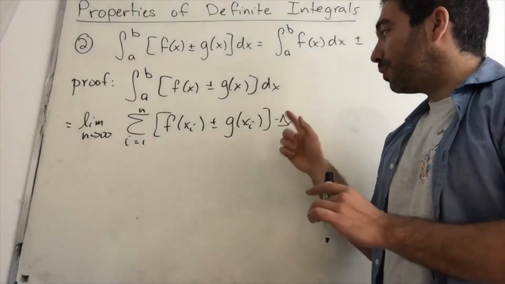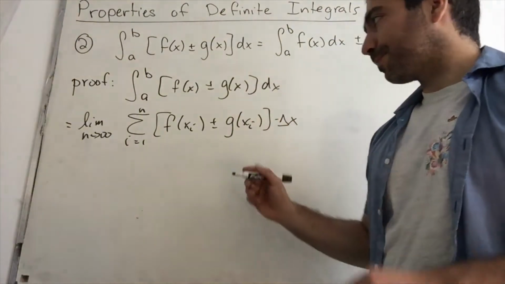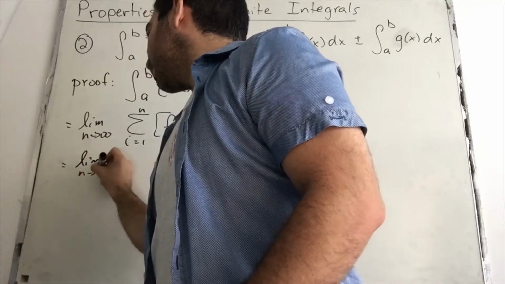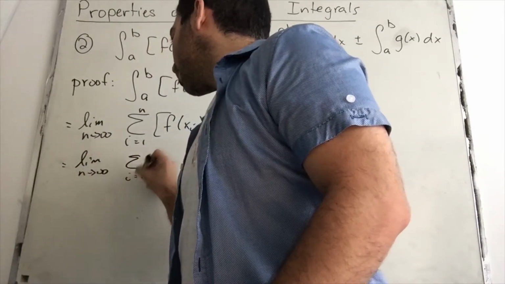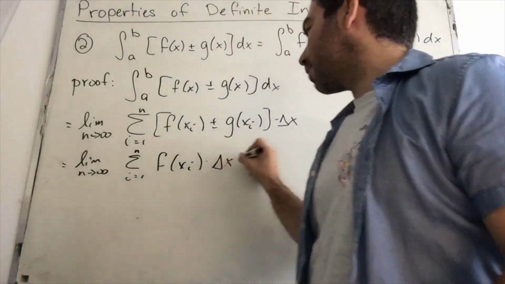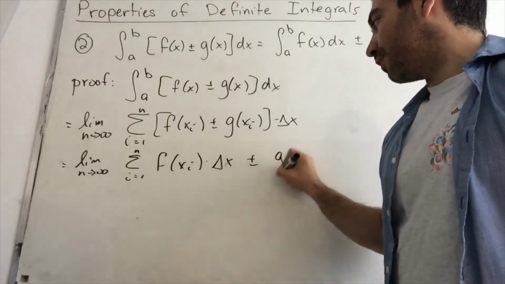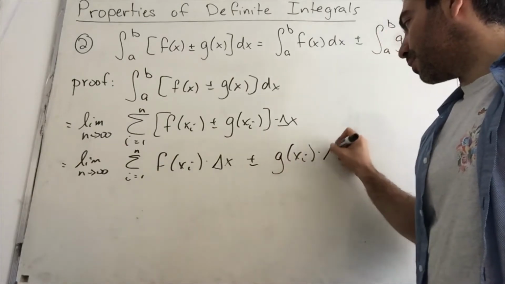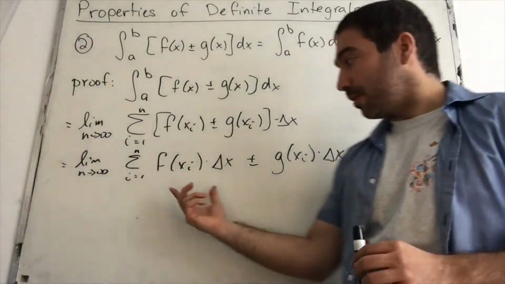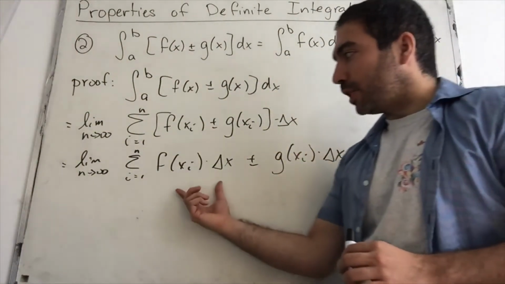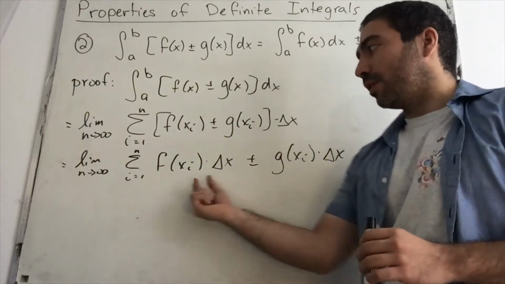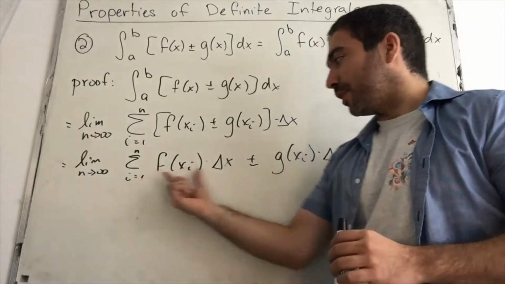Next, what we could do is distribute the delta x to each term, giving us the limit as n goes to infinity of the summation i equals 1 to n of f of xi times delta x plus or minus g of xi times delta x. And now I'm going to do this next step, two steps in one, where we essentially argue that whenever you're taking the sum of two terms, you could take the sum of each term individually.